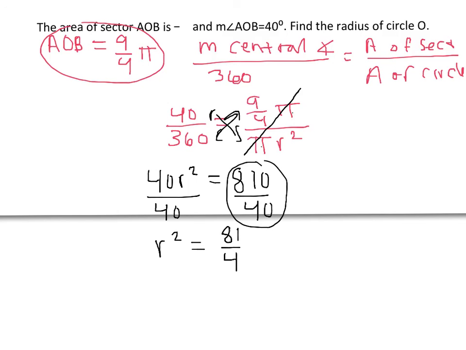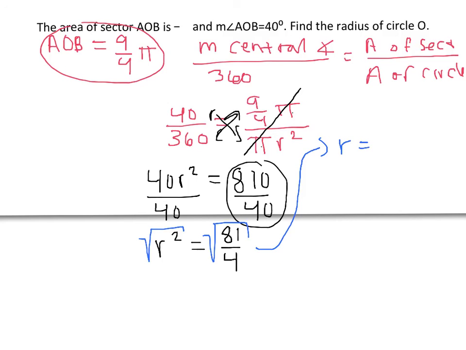Now don't forget, we want to find r, not r squared. So we take the square root of both sides. Okay, and I hope this doesn't make you go crazy. Just understand what I'm doing here.